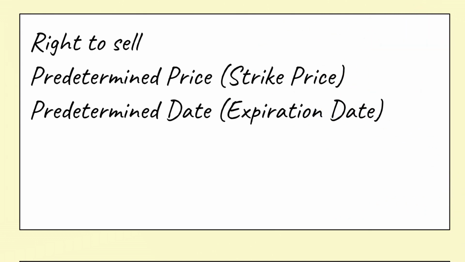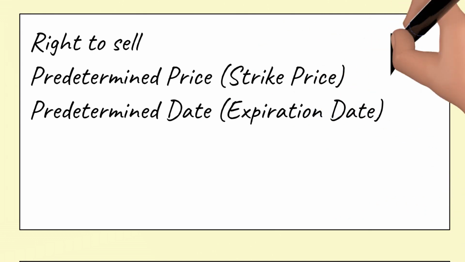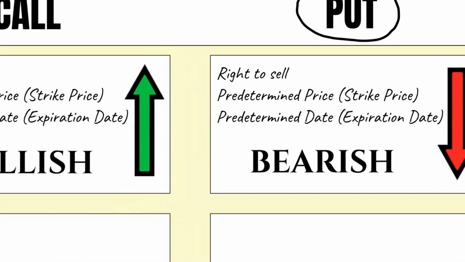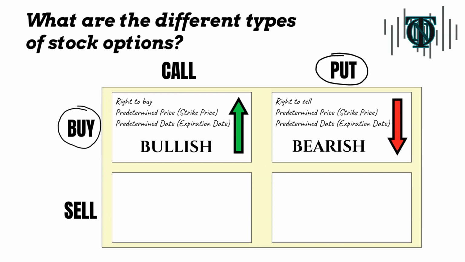In this case, we profit when the price of the underlying stock moves down, or as we now know, we are bearish. In either case, if we do decide to either buy or sell the shares of the underlying stock on our options contract, that is known as exercising our option.